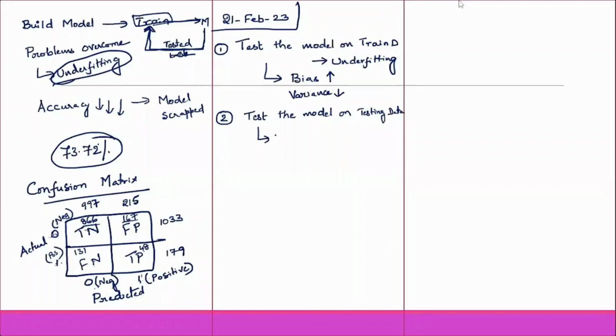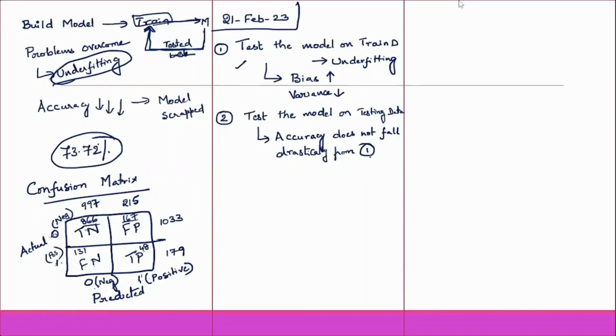What we may have to see here is that the accuracy does not fall drastically from the accuracy of the above. So whatever the accuracy that comes here, there should not be a drastic drop in the accuracy.